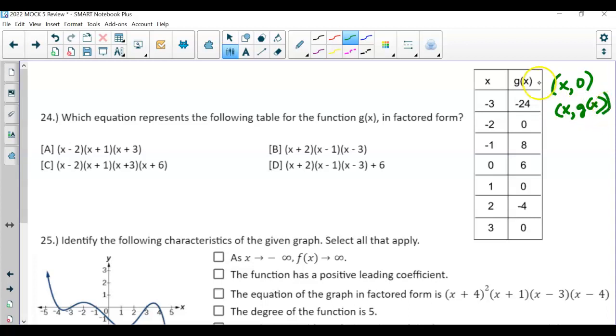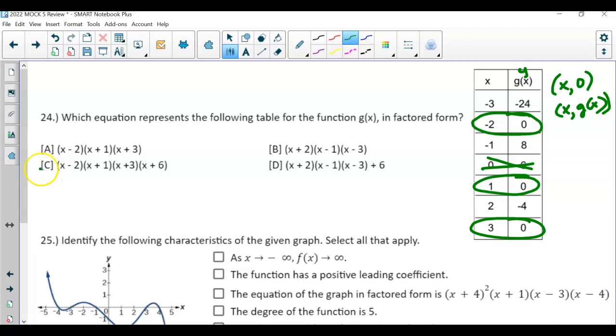So g of x is 0. That's your y. That means -2, 0 is a factor, 1, 0 is a solution, a 0 a root, and 3, 0. Because 0, 6 is actually representing the y-intercept, so we don't need that.